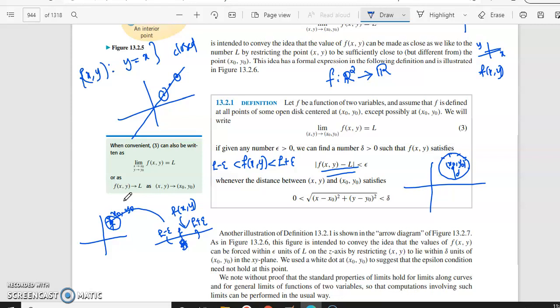The image of any point x, y, z in that open ball, that is the function value f of x, y, z, must lie in the interval L minus epsilon to L plus epsilon. That interval is on the real line.